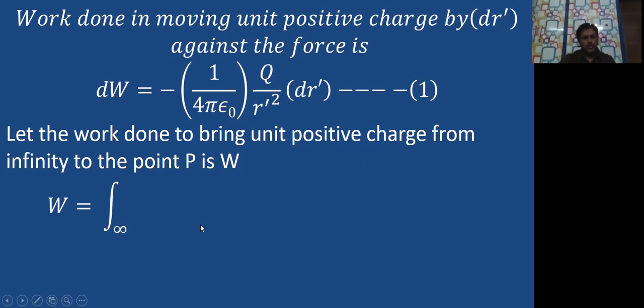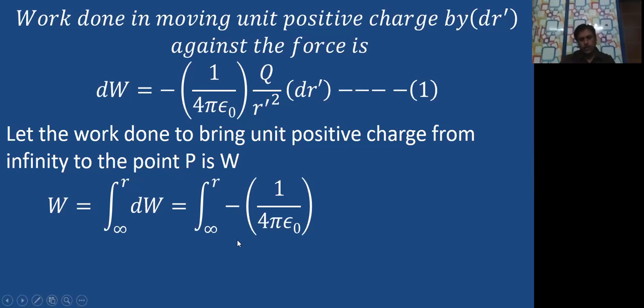So let us see how to calculate W. W is integral dW, in what limits? Infinity to R. Okay, so integral from infinity to R of dW. Why were these limits taken as infinity to R?